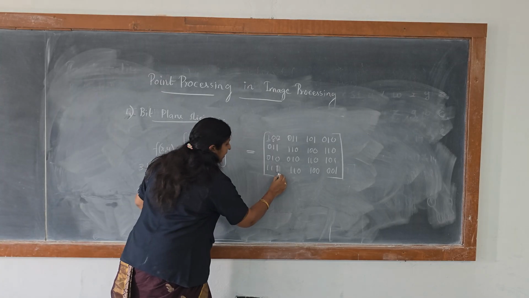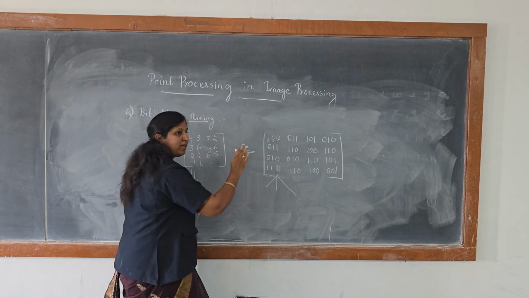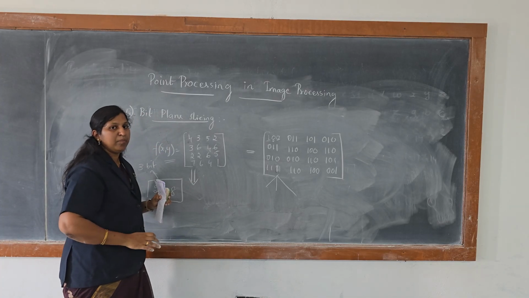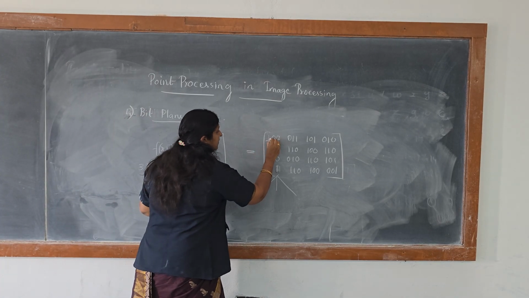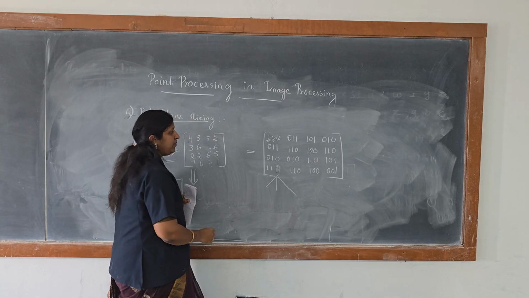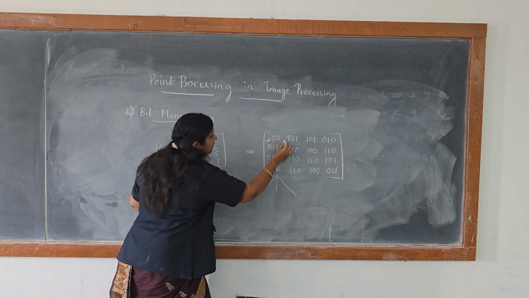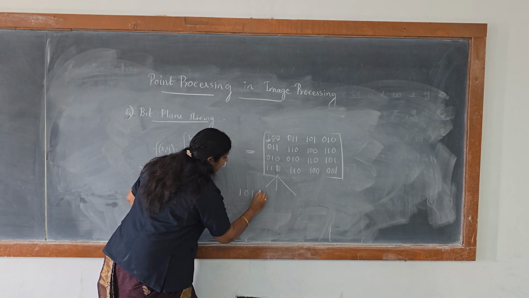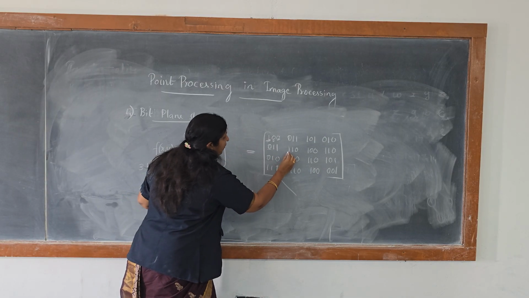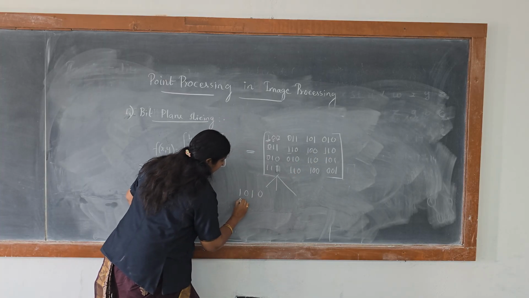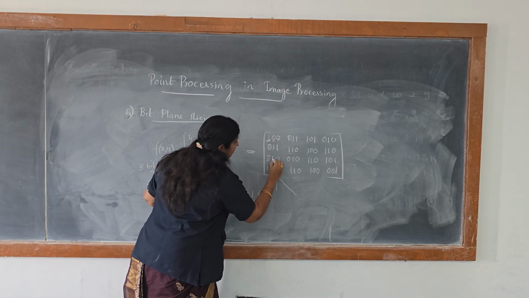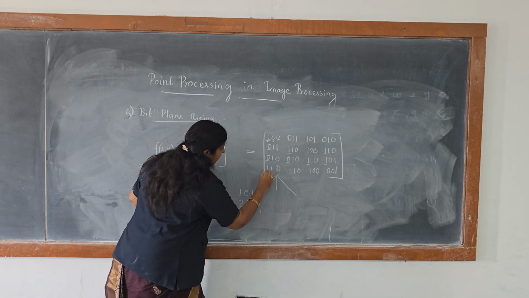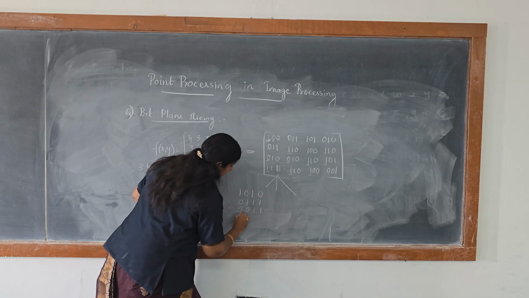By dividing these 3 bits separately, we get 3 different binary images. If you consider the most significant bit, MSB, you will get 1 0 1 0, 1 0 1 0, then 0 1 1 1, 0 0 1 1, 1 1 1 0.